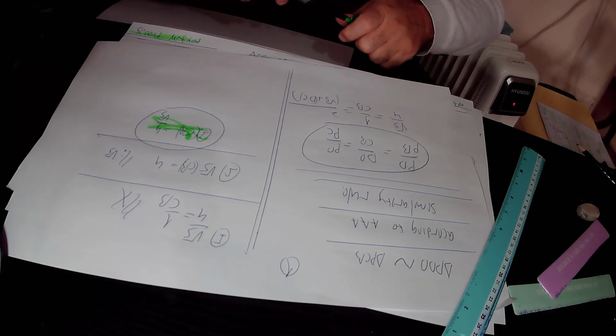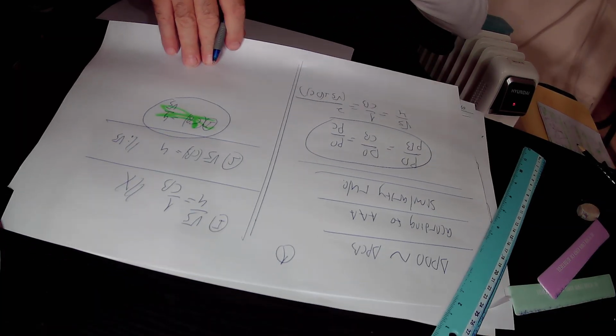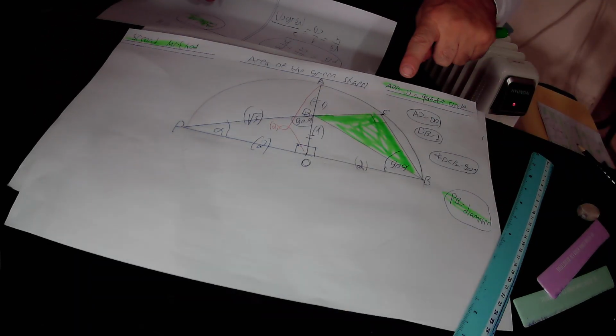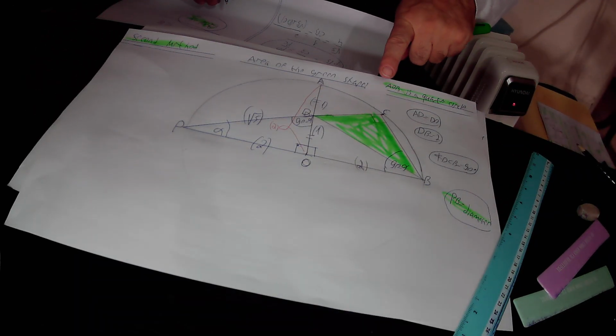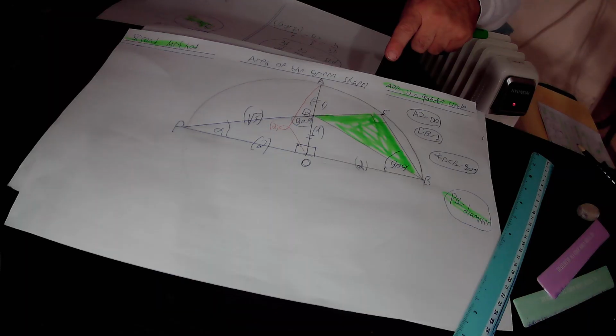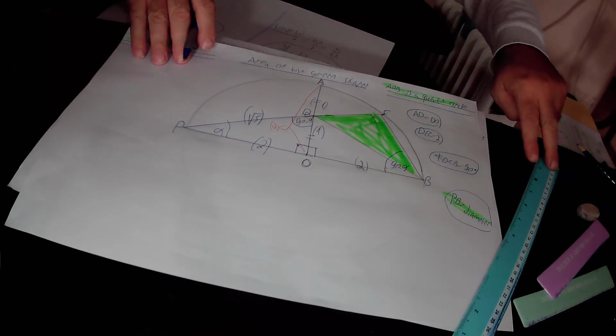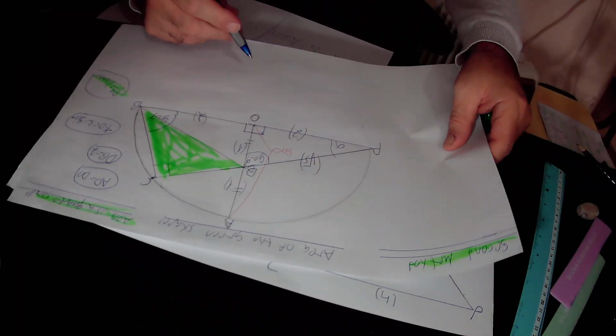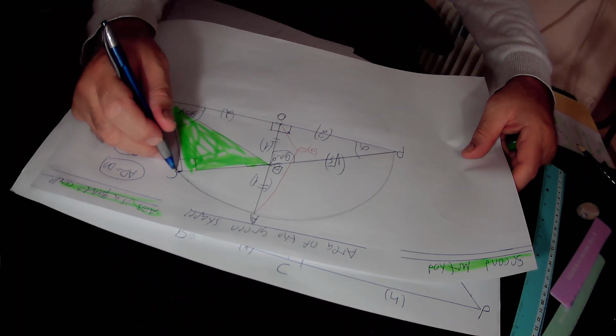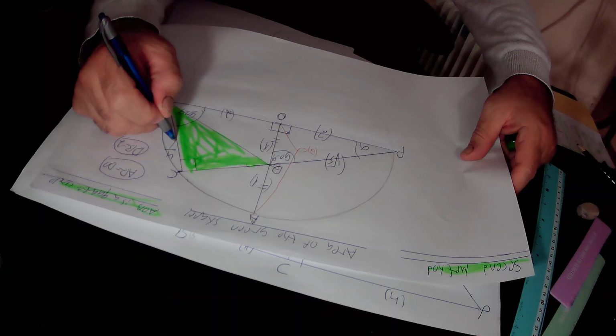So we found that the missing side CB of the triangle DSB is equal to 4 over the square root of 5 units in its length. This is side CB.